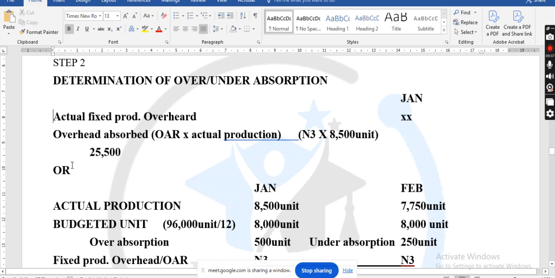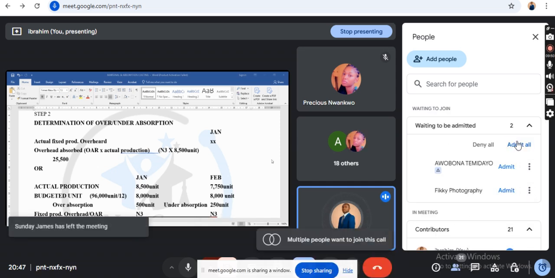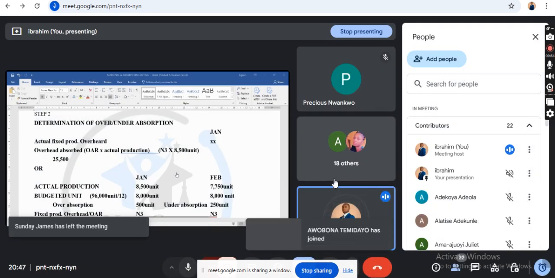Now, ideally we should have used the actual fixed production. If the actual fixed production overhead is given in the question, fine. Then the overhead absorbed, how will you calculate it? I've explained in my previous class, but let me explain again. The overhead absorbed is just like your budgeted cost.